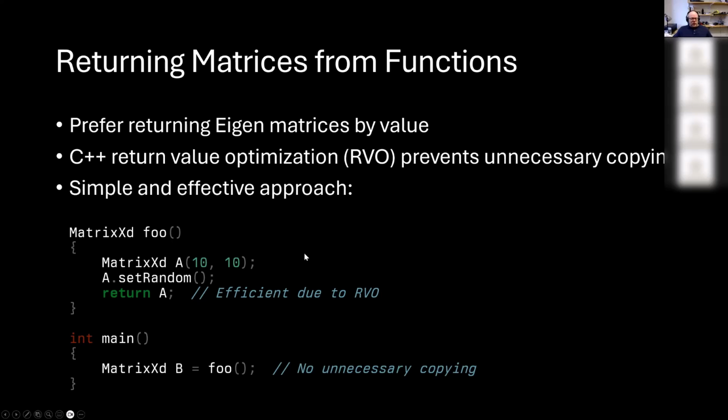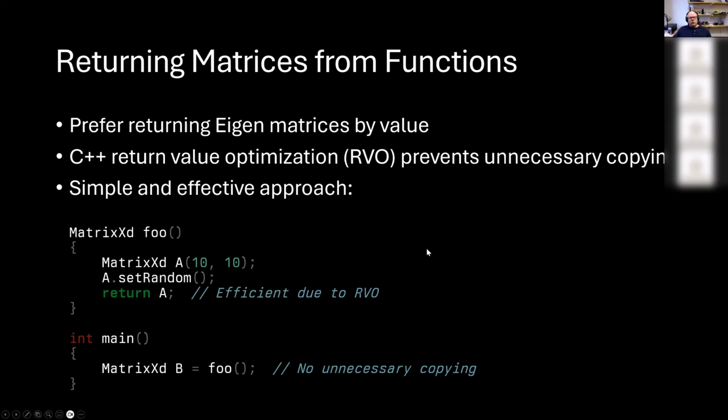So usually the way you do it is that you declare a function here, MatrixXd. This function foo will return a dynamic array. You create the array just like you would normally in your Eigen code, and you return it. There will be no copying at all if the return value optimization is enabled.